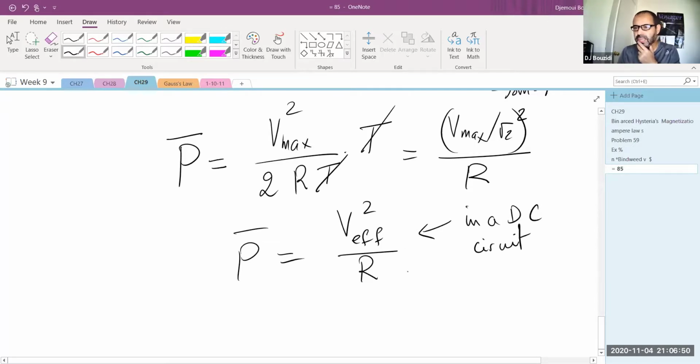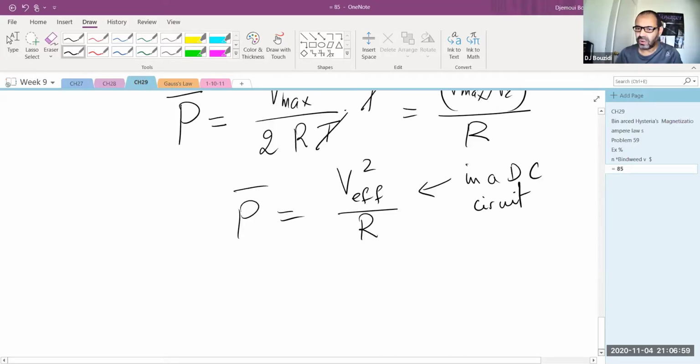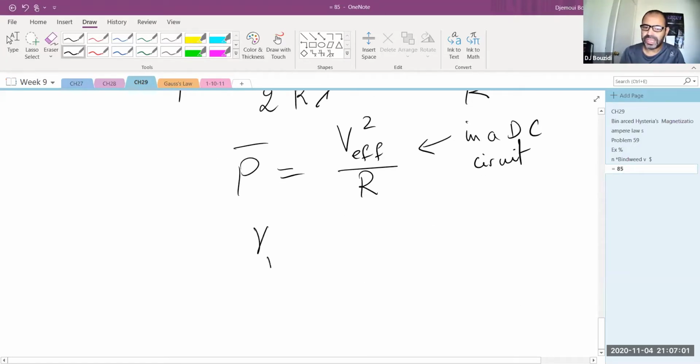That is how much power is consumed. So the AC circuit is equivalent to a DC circuit if the voltage has an effective value called the RMS, which is simply equal to the maximum value divided by square root of 2.